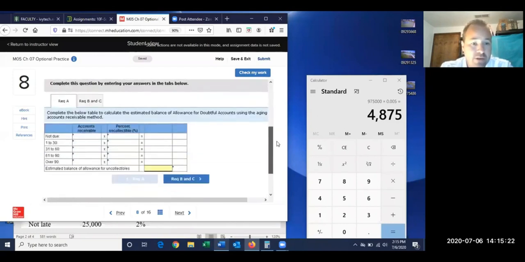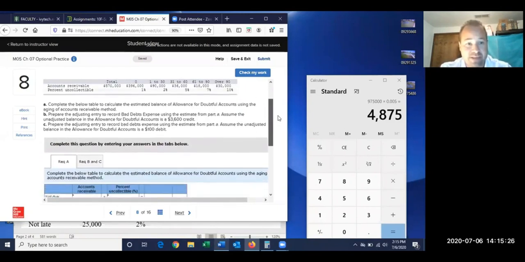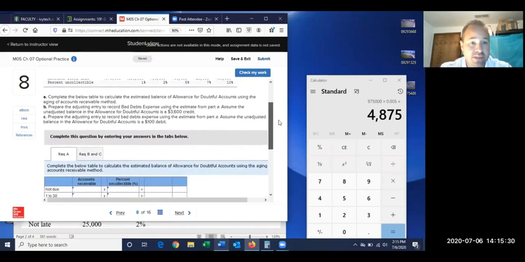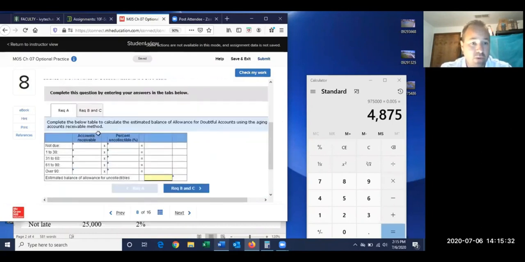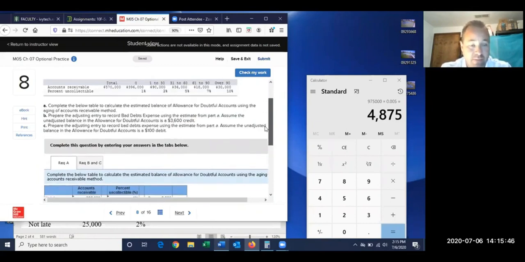So we're going to come down here and complete the table. It's pretty simple. It's just putting in these same numbers and doing the math. It says here 0 days, 396 at 1%, and it calculated it for us. We didn't even need to do it. So this is basically a copy and paste.